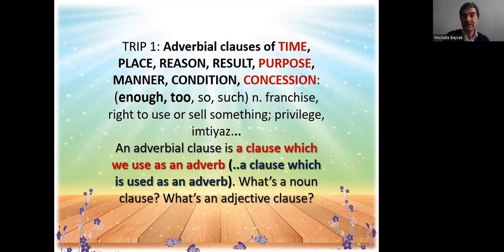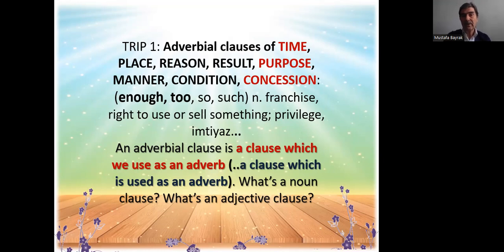An adverbial clause is a clause which we use as an adverb. What is a noun clause? A noun clause is a clause which we use as a noun. What is an adjective clause? An adjective clause is a clause which we use as an adjective.